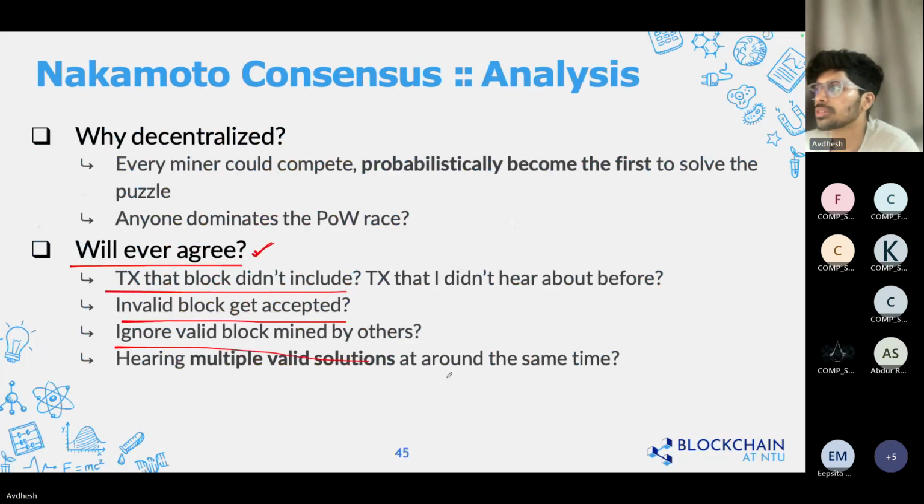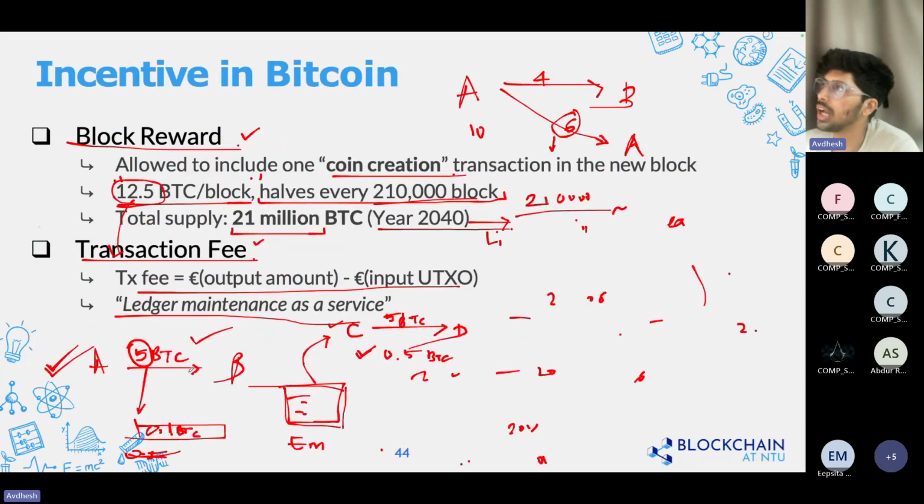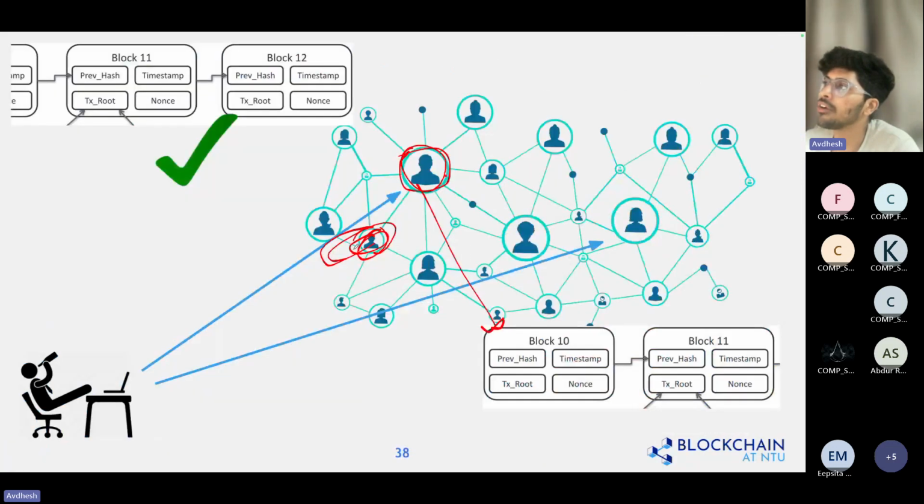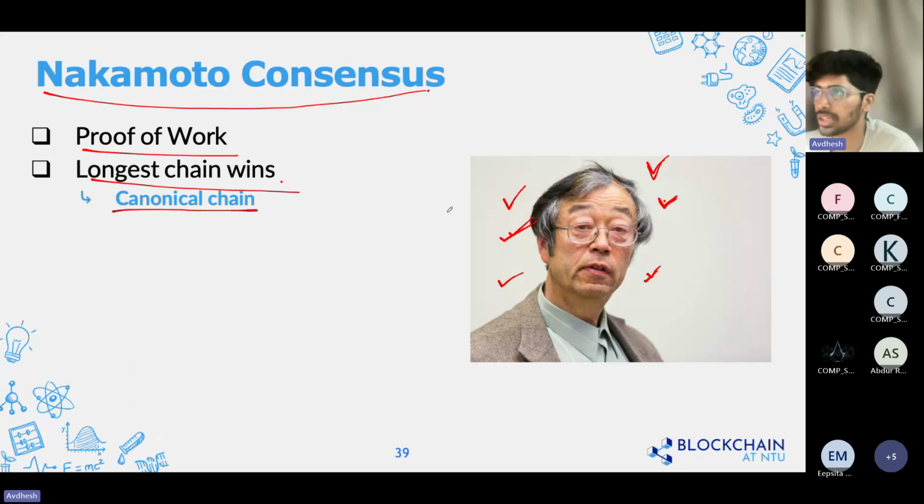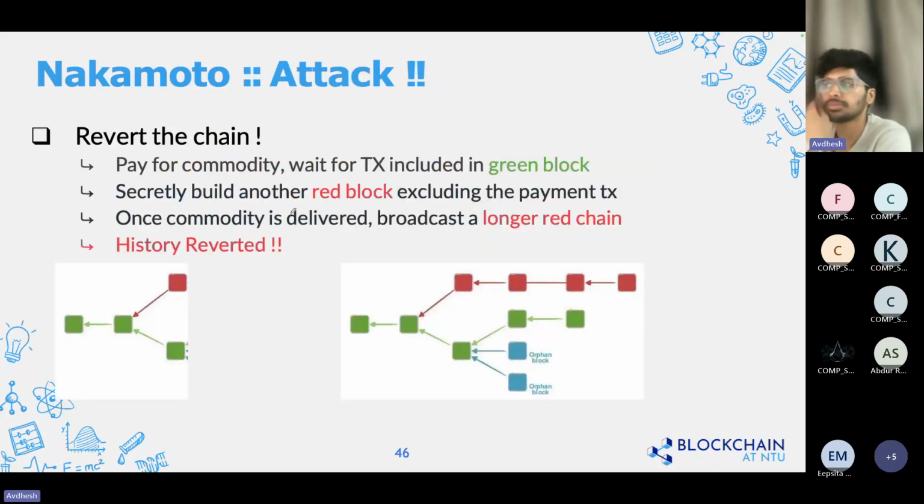And what happens if Emmanuel and this guy find the same block at the same time? What's the consensus then? What this means is that anyone can literally attack the chain and revert the chain as well. So there is a bit of a security lag, I would say.